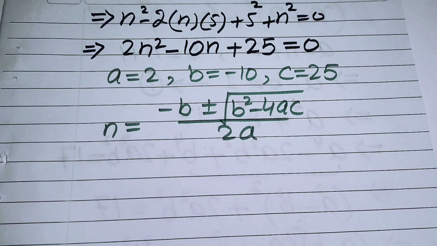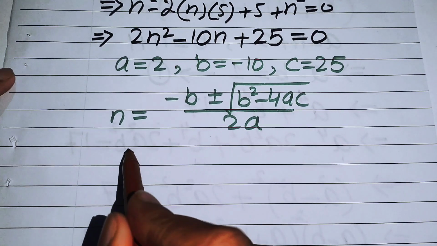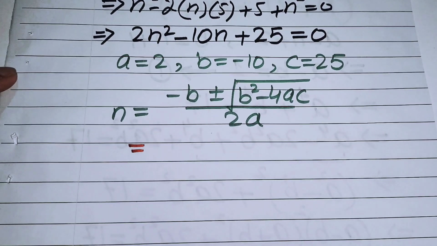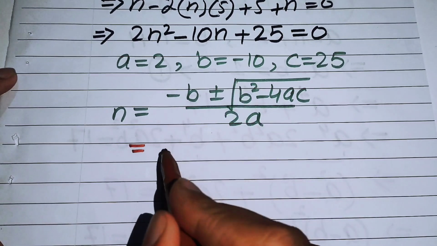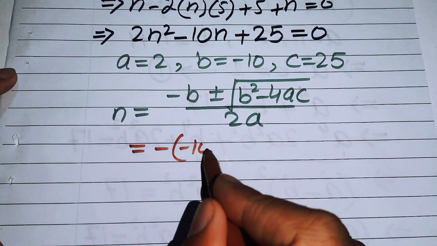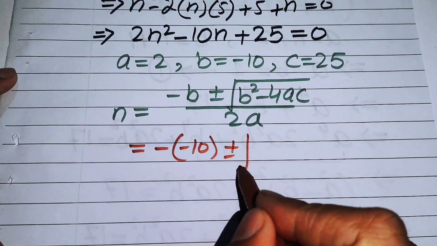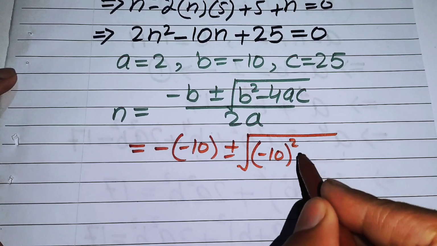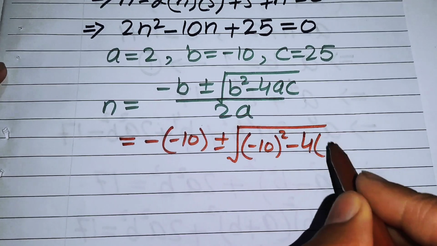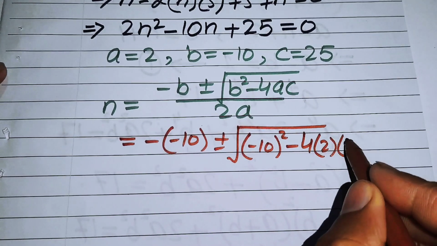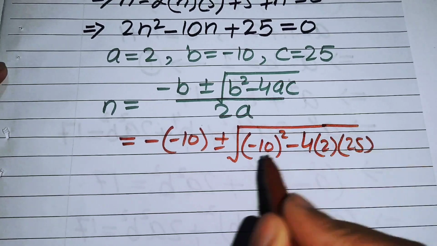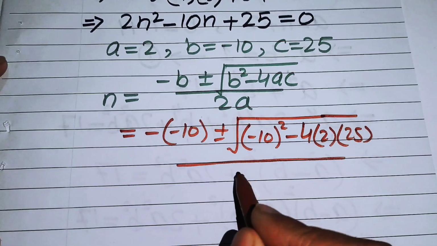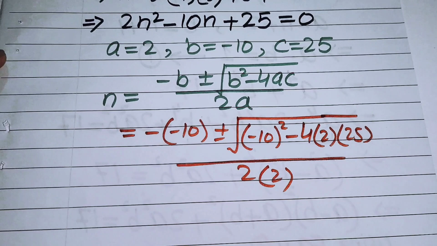So here we substitute the values of a, b and c, and we get the other roots of the given equation. So we have n equals minus of minus 10, plus minus square root of (minus 10) square minus 4 times 2 times 25, and this whole over 2 times 2.